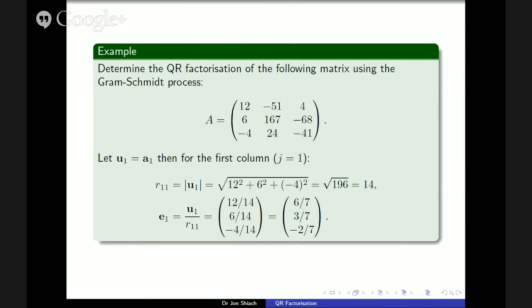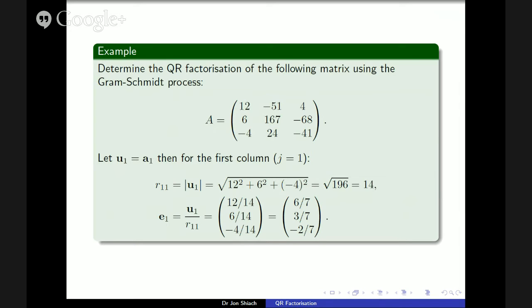Okay, so I'm going to calculate the QR factorization of this matrix using the Gram-Schmidt process. This matrix happens to be 3 by 3. We can still apply it; we could also do it if it was 4 by 3, 5 by 3, etc. For the first column, we let U1 equal A1.